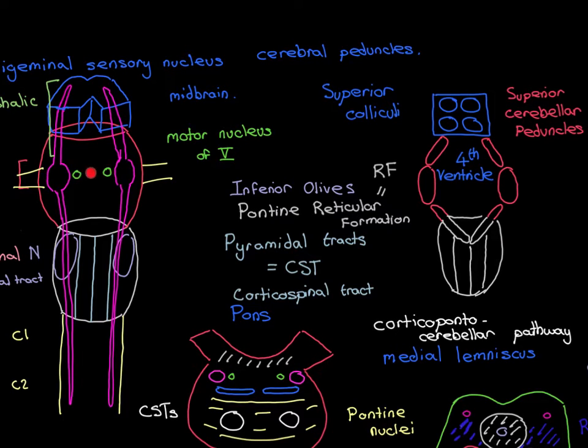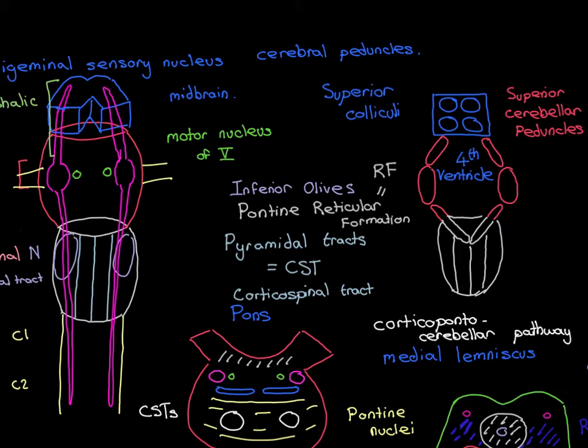We've also taken a section through the middle of the pons and therefore saw the principal component of the sensory nucleus of the trigeminal nerve along with the motor nucleus of the trigeminal nerve, which is a far more simple shape to understand. Now what I want to do is take a cross-section through the medulla and then we'll go on to taking a cross-section through the cervical spinal cord.